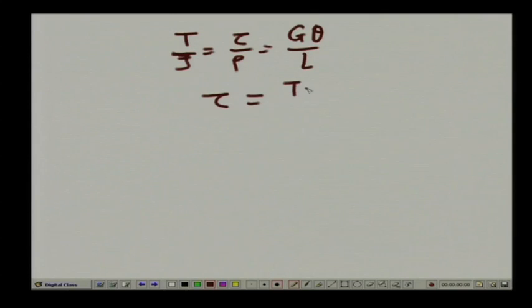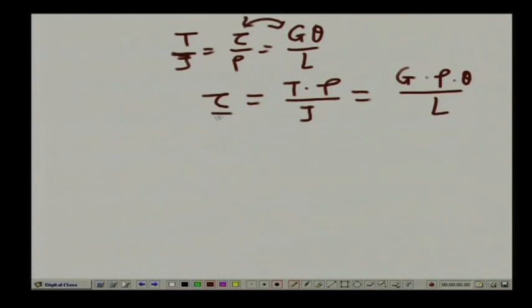So, again we know that T by J is equal to tau by rho is equal to G theta by L. So, the stress tau is equal to T times rho by J. And also this is equal to G rho theta by L.